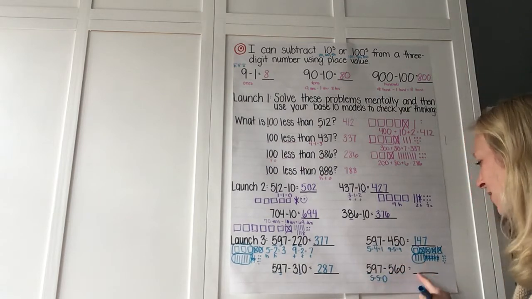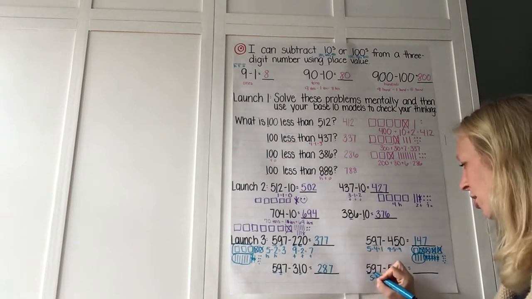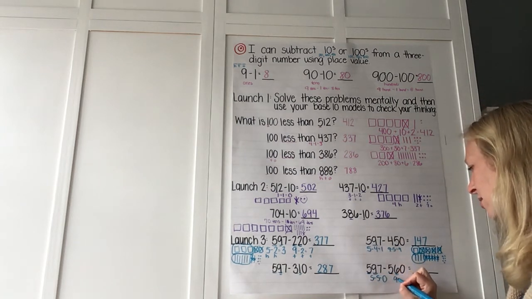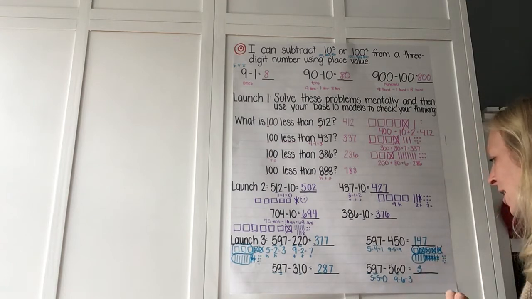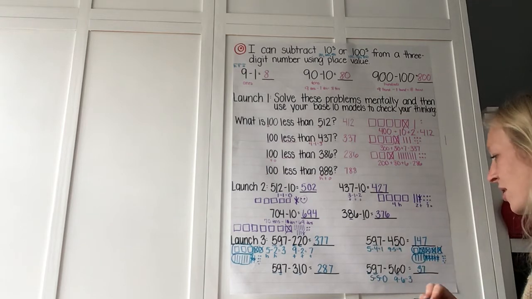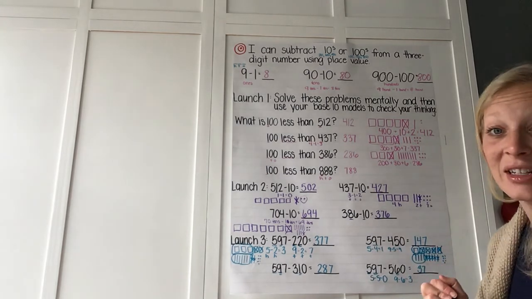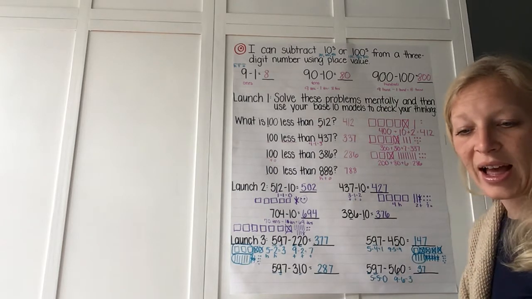So are we going to put anything in that hundreds place? No. What about your tens? 9 take away 6 equals 3. And there was that 7 take away 0 equals 7. So 597 take away 560. This is with a 2-digit number left.